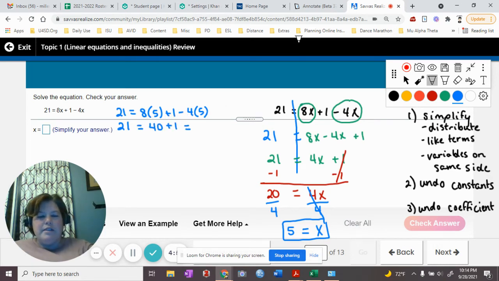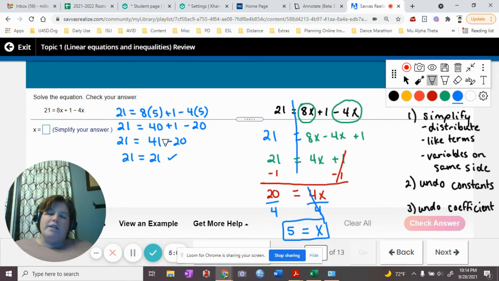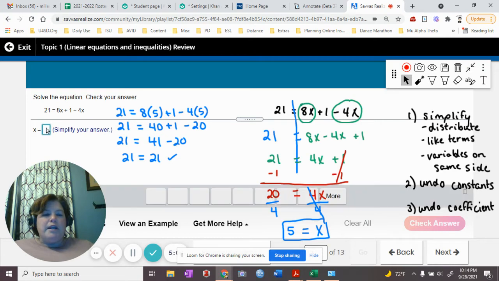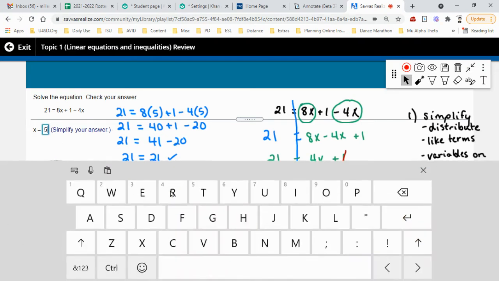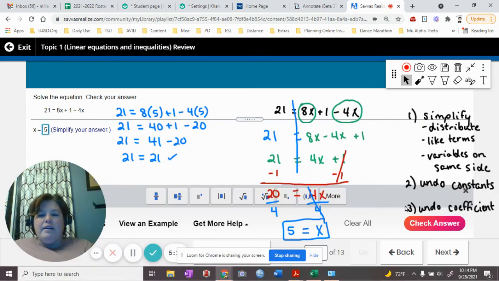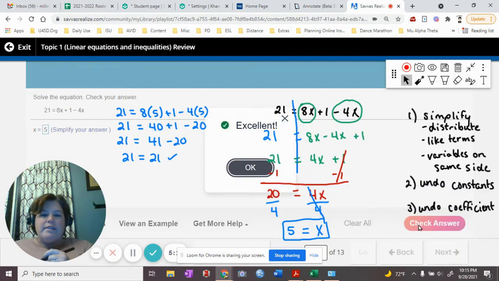Oops, not equals, but minus 20. 21 equals 41 minus 20. 21 equals 21. So our solution works. So that's what I'm going to put in here. I'm going to type in 5, and then we are going to check our answer. And there we go.